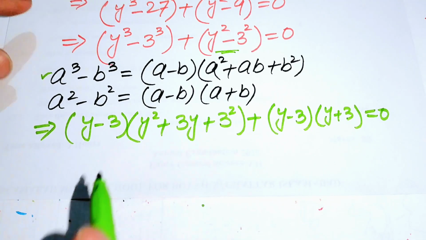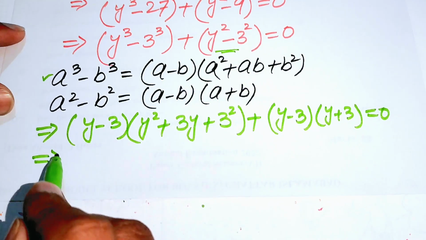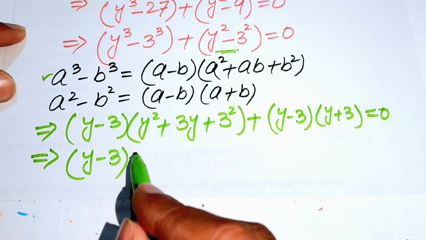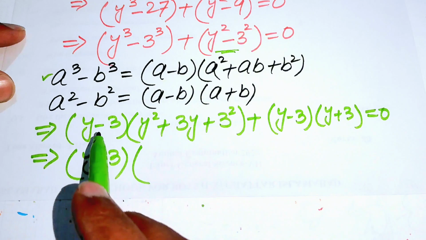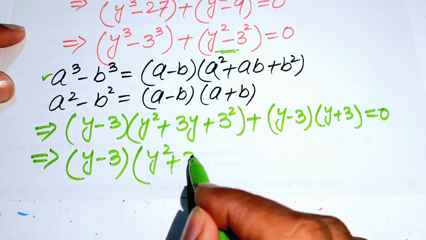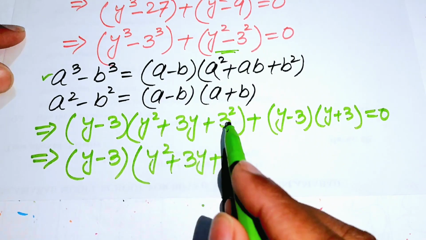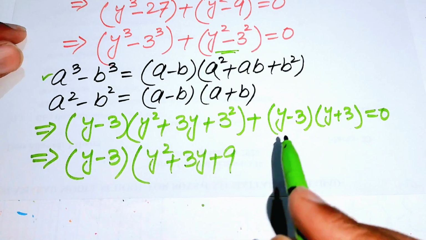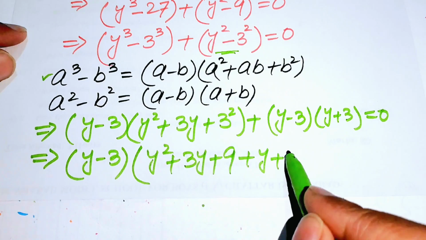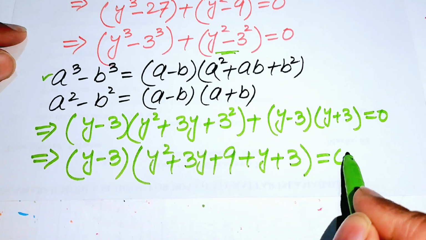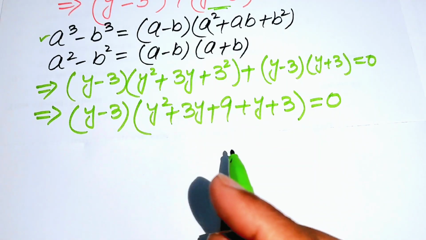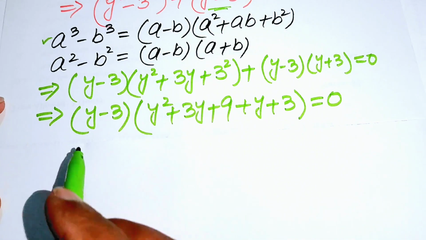And now you focus on both of these terms, and you see that we have y minus 3 as the common expression, and when we take y minus 3 common, we get y squared plus 3y plus 3 squared becomes 9, and from the second term we get y plus 3, and this whole equation equals 0. So here we convert this expression into two cases.